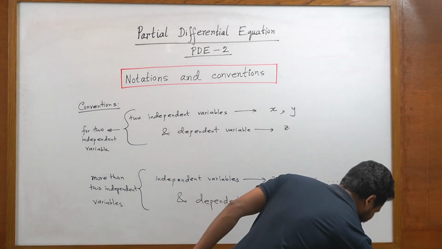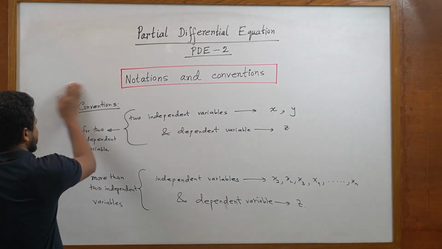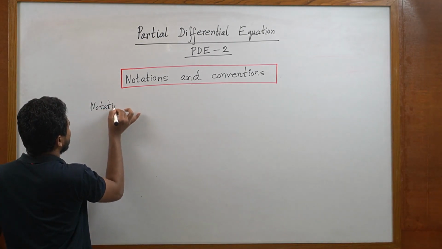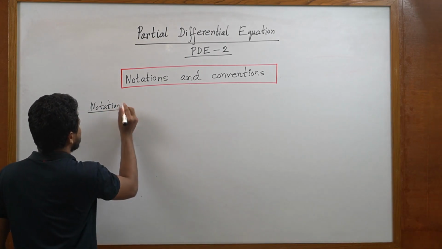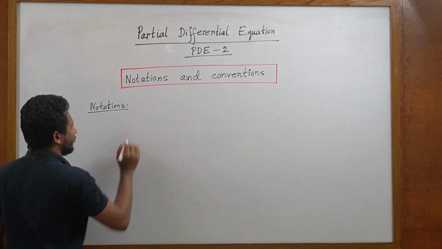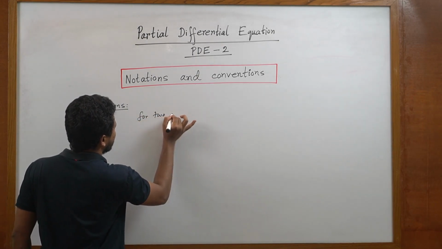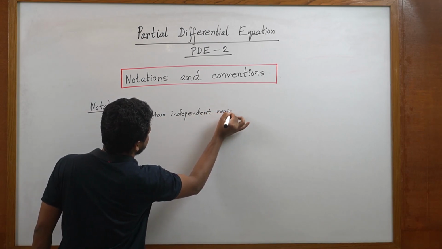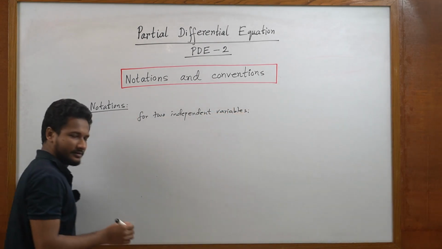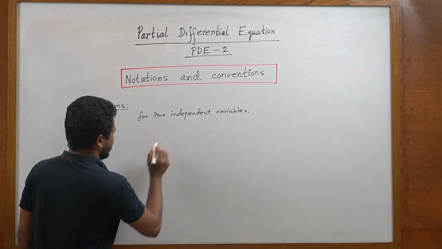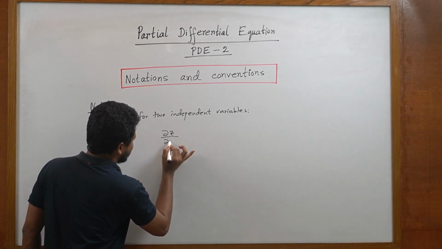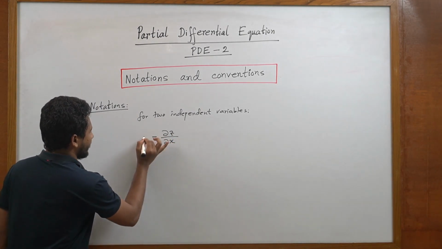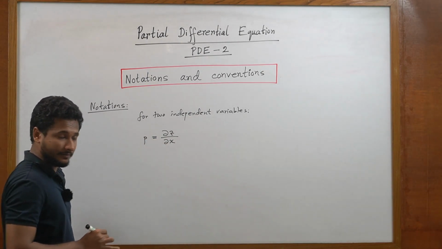Now we will go to the notations. The notations for two independent variables: the partial derivative of z with respect to x will be denoted by smaller case p.